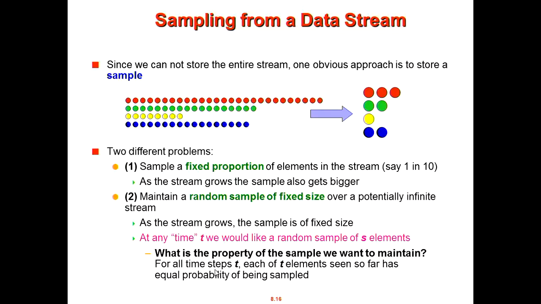For all timestamps t, each of the t elements seen so far has equal probability of being sampled. We will see more details about this sentence, because it's not easy to understand. That's the property we want to maintain to guarantee some probabilities for the sampling.